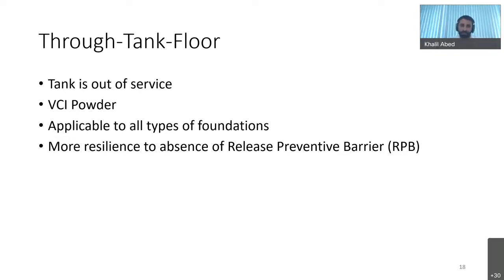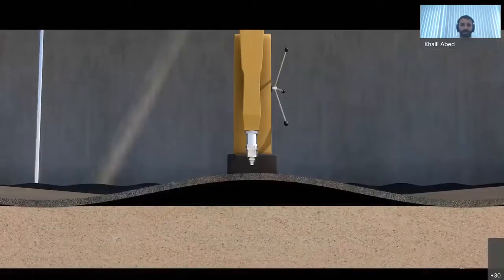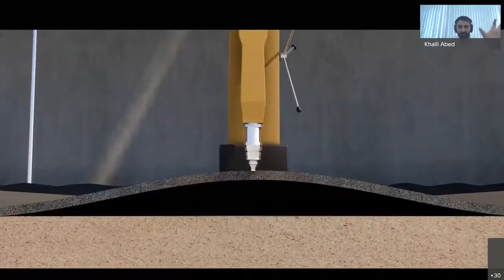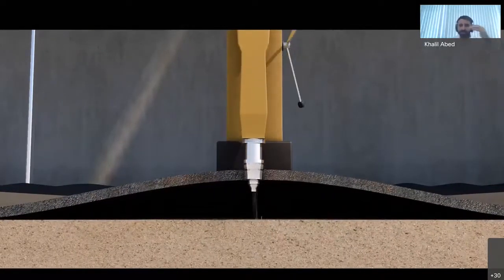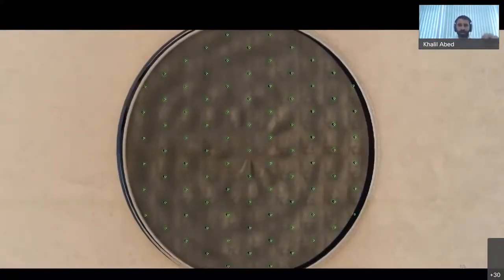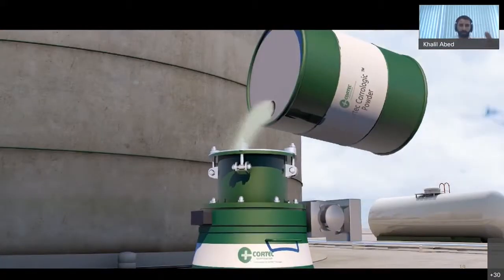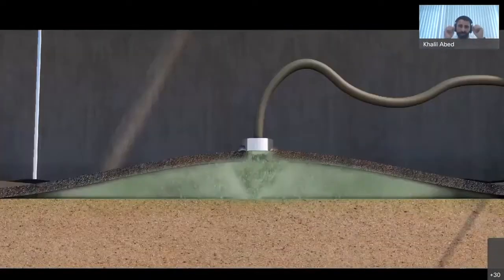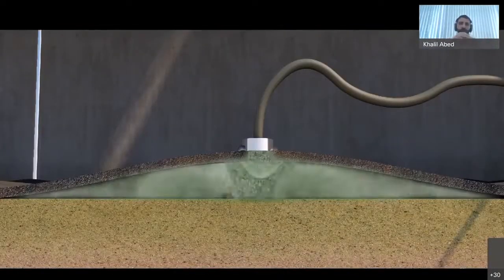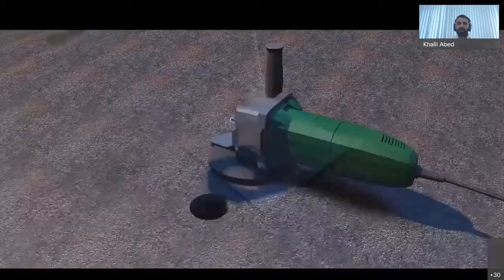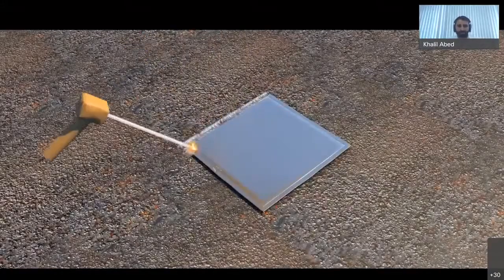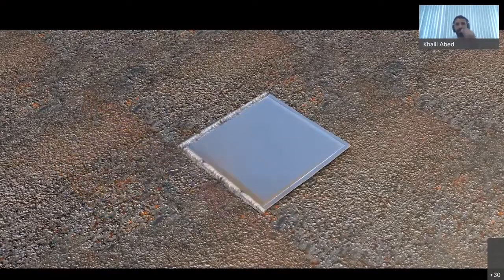That's the first application methodology, and this is an animation that shows how the powder is applied under the tank, where basically after the installation of the corrosion probes that we saw previously and establishing the corrosion rate baseline, we drill a number of holes into the tank floor, and then we add the powder into a pneumatic machine and fog the powder through the hole drilled into the tank floor, and then we patch weld the hole.